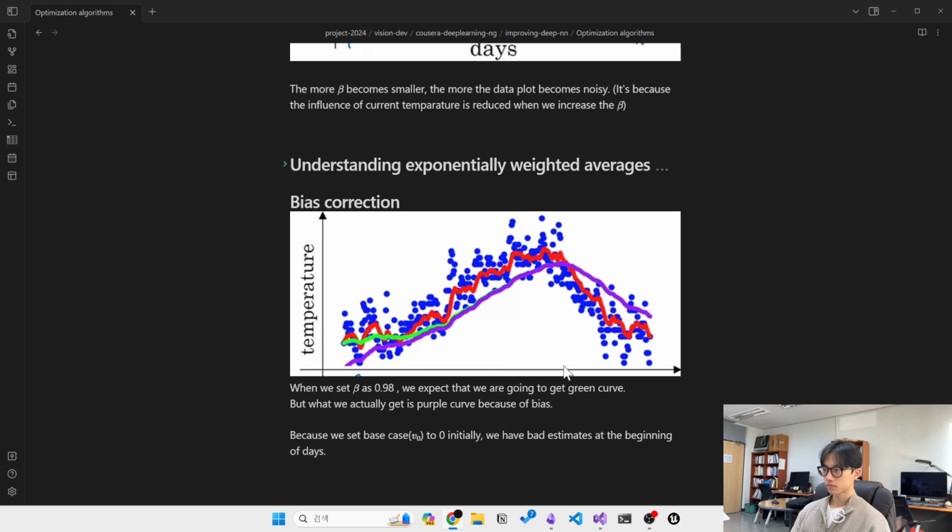When t is equal to 2, 1 minus beta to the power of t is 1 minus 0.98 squared, and it turns out that this is 0.0396.